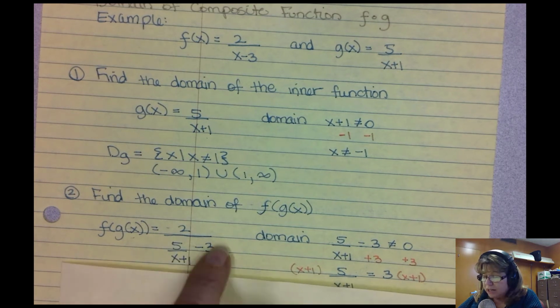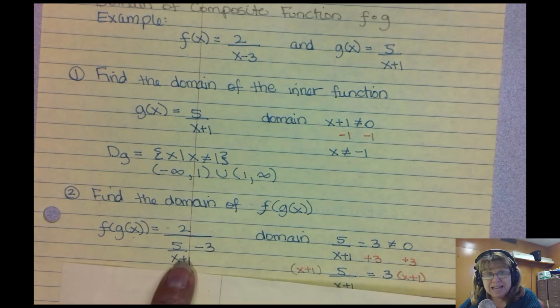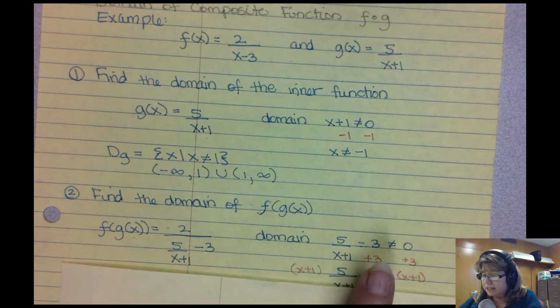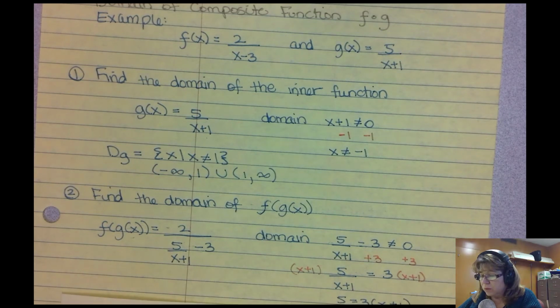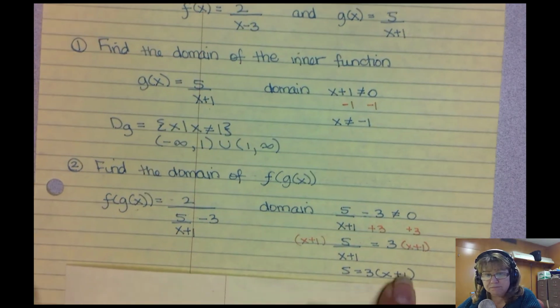This whole entire denominator is not allowed to be 0. So let's bring it off to the side and solve for what causes this to be 0. I'm going to add 3 to both sides, and then I'm going to get rid of this x plus 1 down in the denominator by multiplying x plus 1 to both sides. I get 5 equals 3x plus 1.